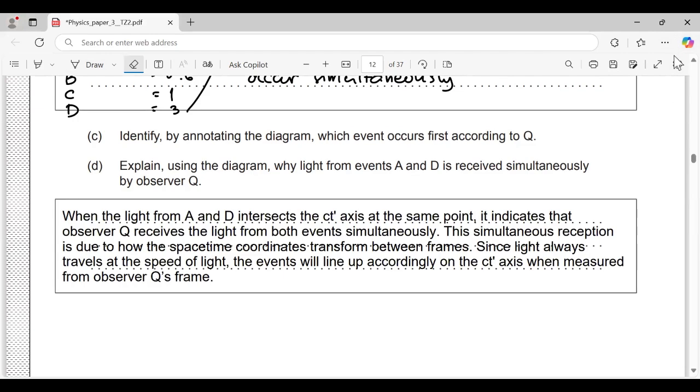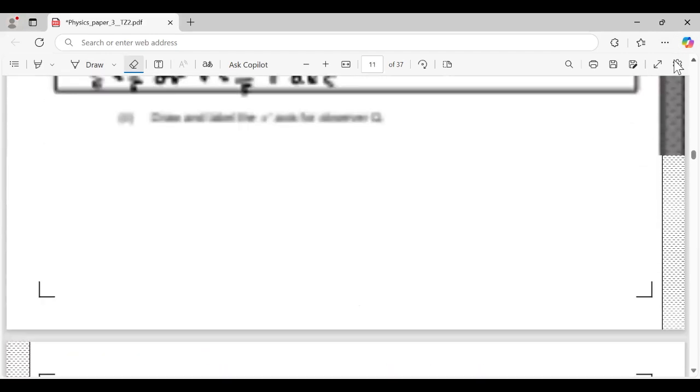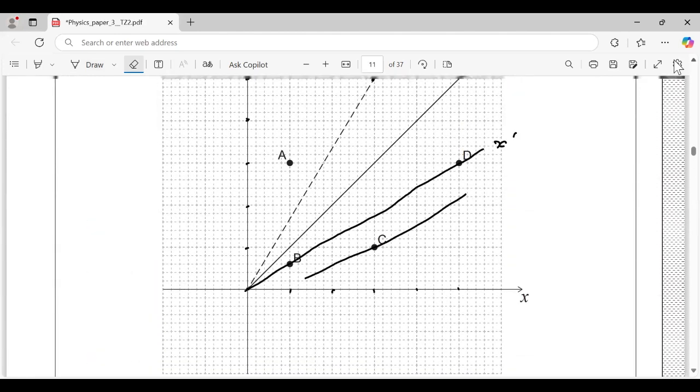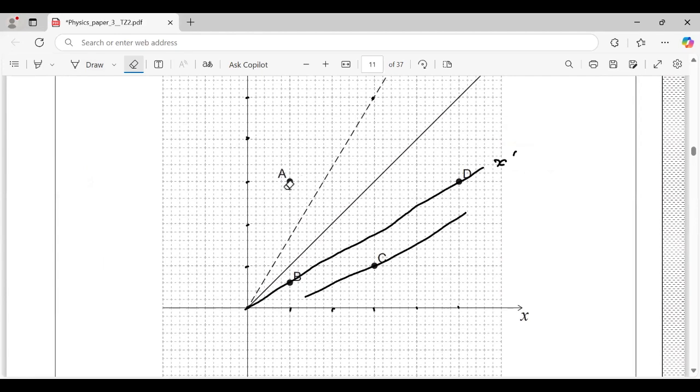And then on the diagram, I'm going to create a straight line through A and D. And look, between the ct' axis and the straight line A and D, there is 45 degrees here.